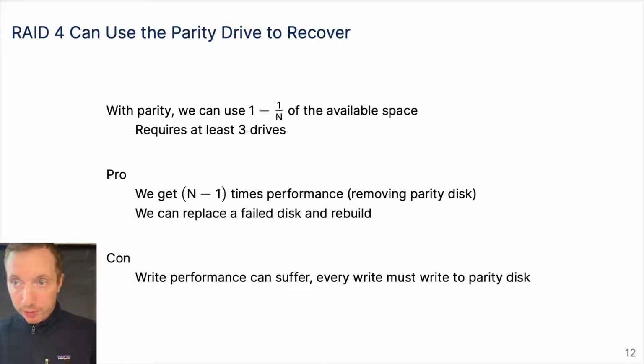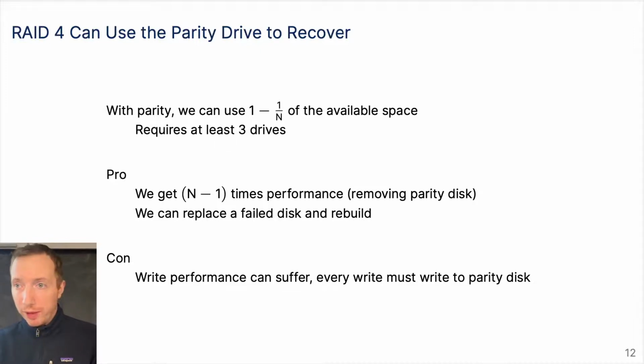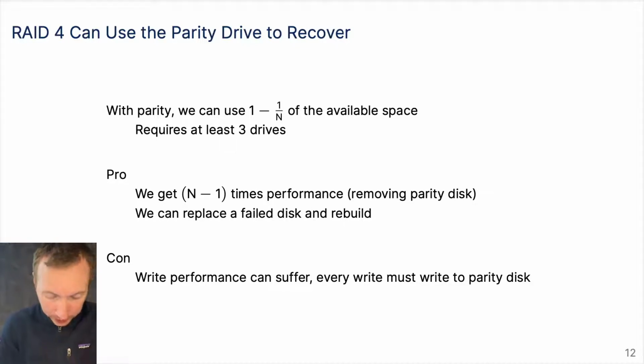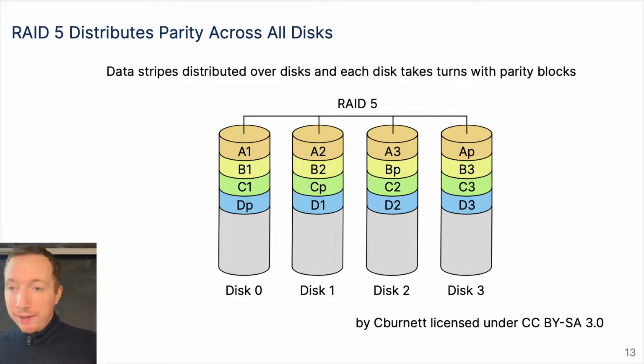You can also replace a single failed disk and rebuild. And you get most of the space of all those disks combined, while having some benefit for performance and being able to tolerate at least one drive failure. Write performance can suffer a bit too, because every write, no matter what, has to go to that parity disk. So RAID 4 is never ever used because of that issue.